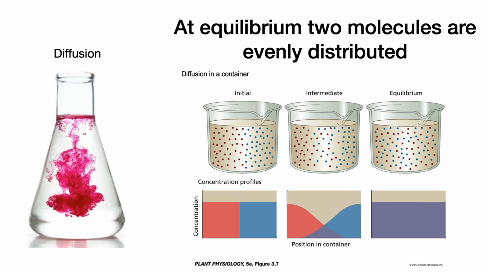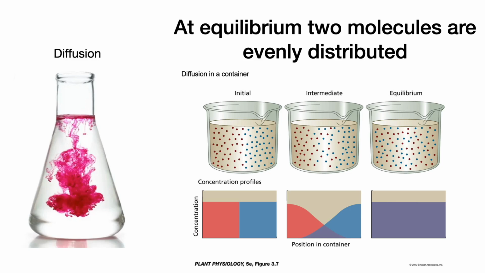And that's demonstrated here in this image on the right, where we can see at the top beaker, the initial beaker, that the beaker has red molecules on the left side and blue molecules on the right side. And we can see below it a graph of the concentration profiles of these molecules, with them both being at their highest, most concentrated amounts.